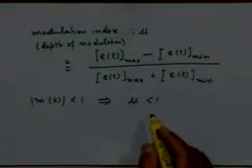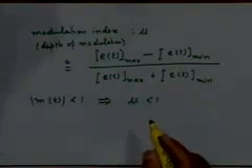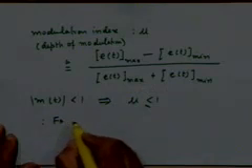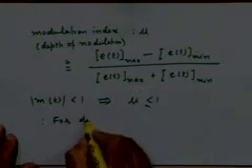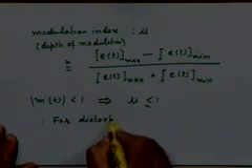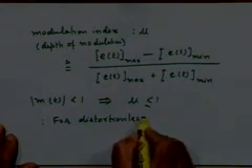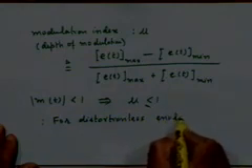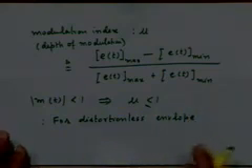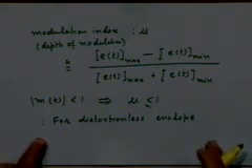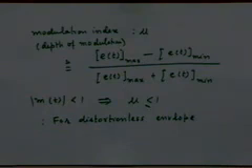So typically the value of modulation index will be less than or equal to 1. This is the condition for a distortionless envelope. If you want the envelope to follow m of t without distortion, this is the required condition.